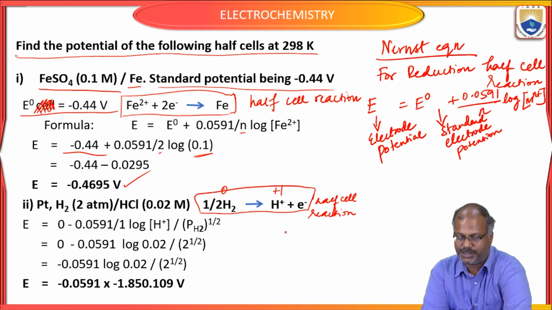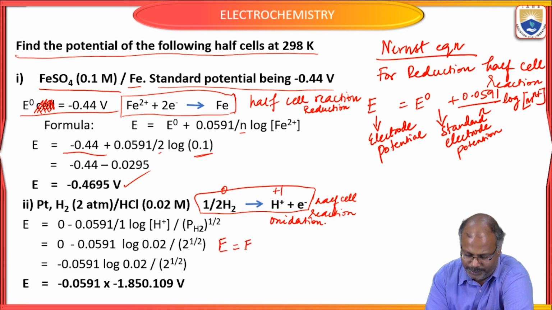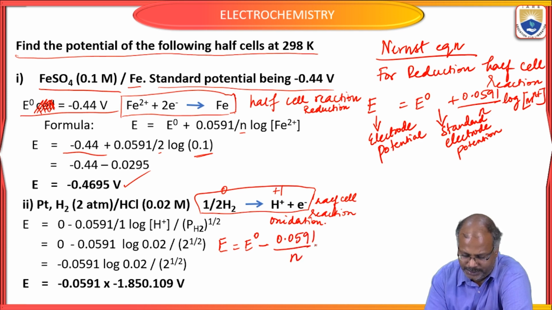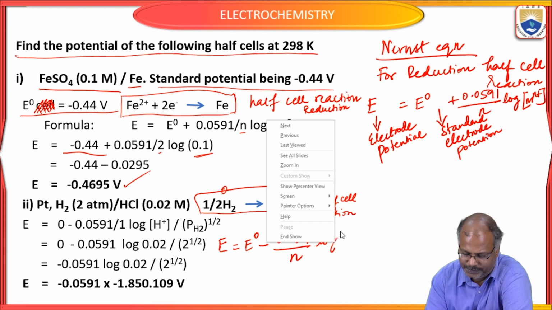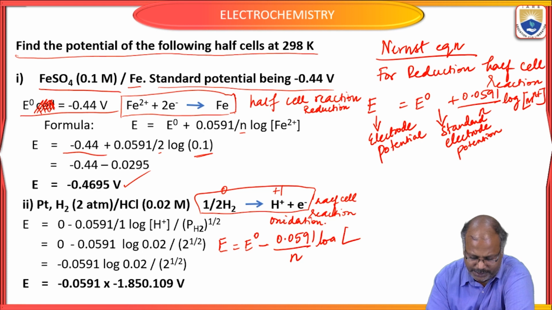So here E is equal to E naught minus 0.0591 by n, logarithm of the concentration of product by concentration of reactant.